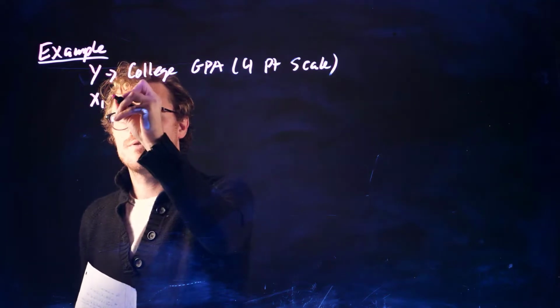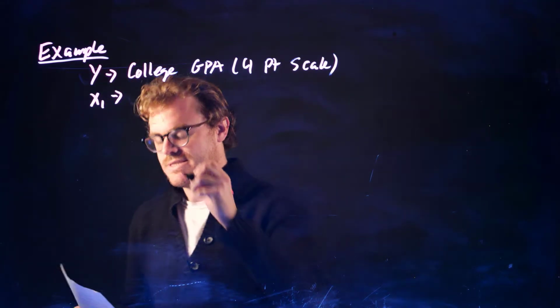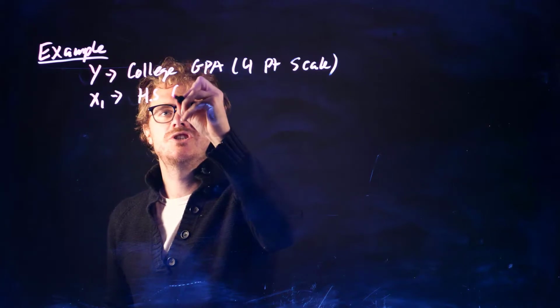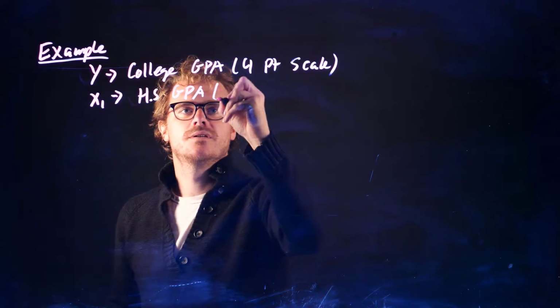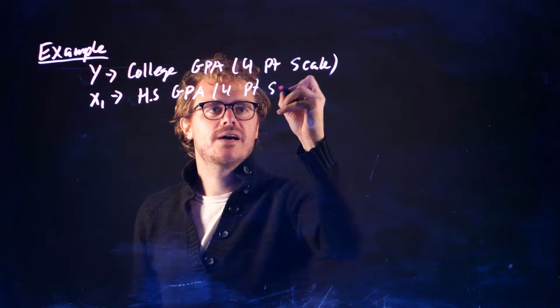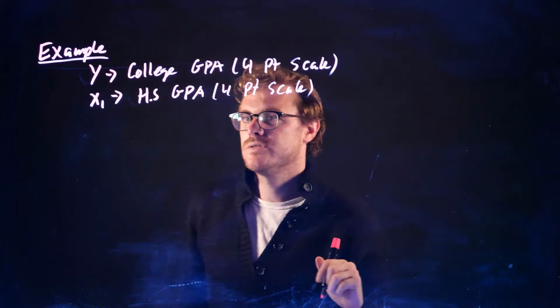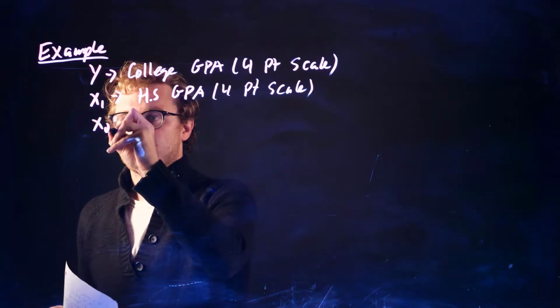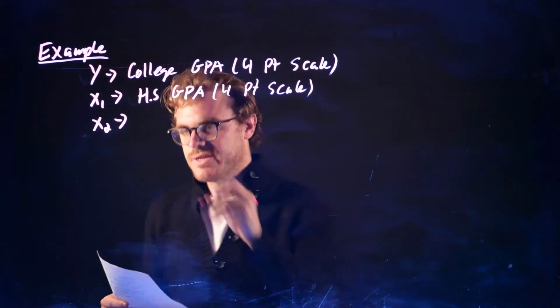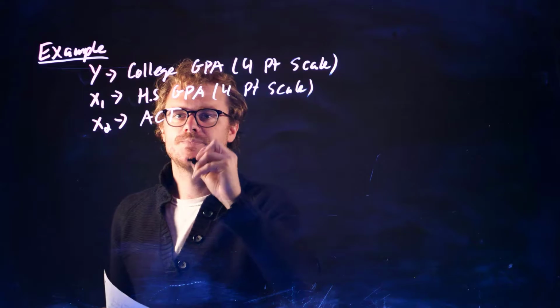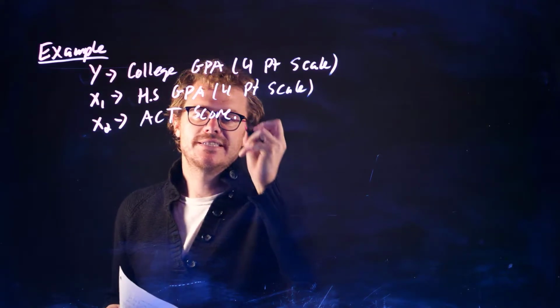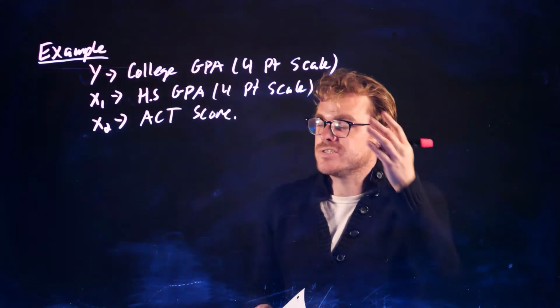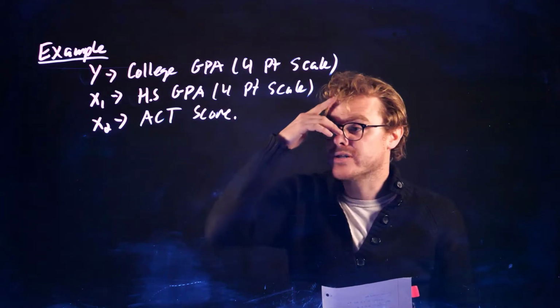Our first independent variable is high school GPA, also on a 4-point scale, so a 1 unit change is a pretty big change here. And x2 is the ACT score, a standardized test in the States, similar in that respect to the SAT.